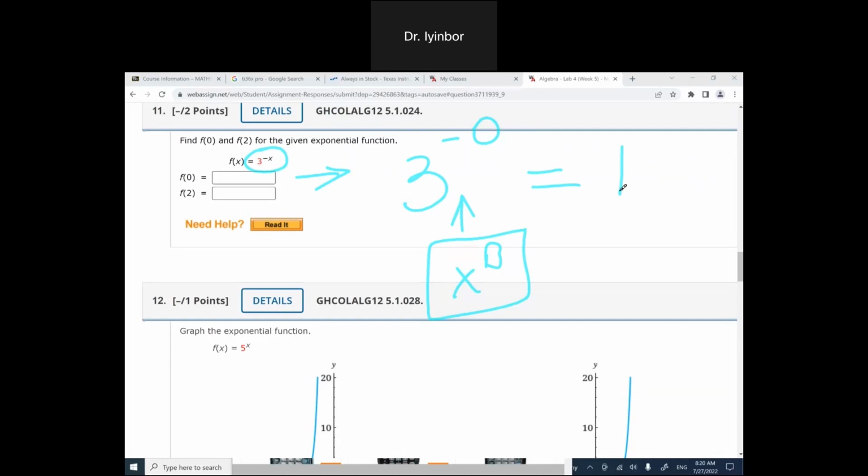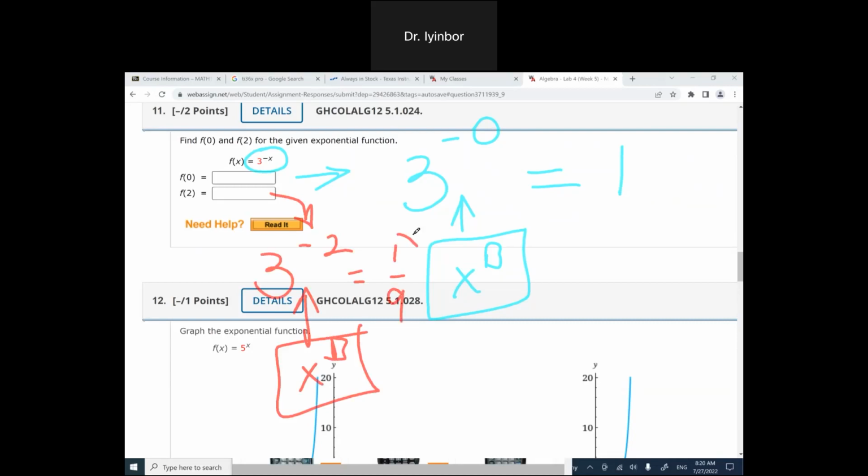And then the second one, the same way. You're going to press 3 with exponent. For the exponent, you're going to press x with the box, which is above x squared. And then you're going to put negative 2. And when you press that, you're going to get 1/9.